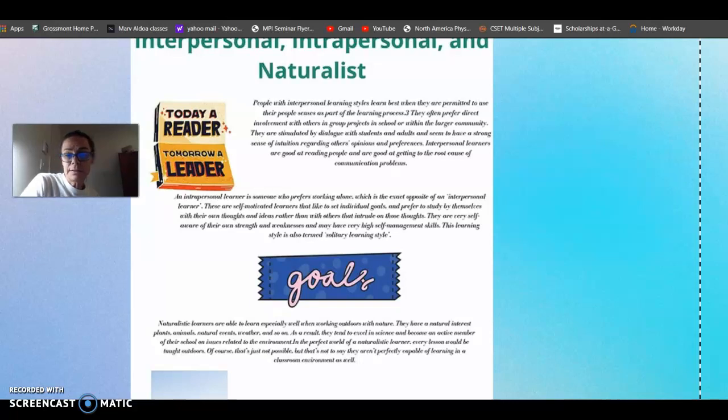They have a strong sense of intuition regarding others' opinions and preferences. Now, interpersonal learners are good at reading people and are good at getting to the root cause of what the communication problem is. Now, they say a good example of that is today a reader and tomorrow a leader.